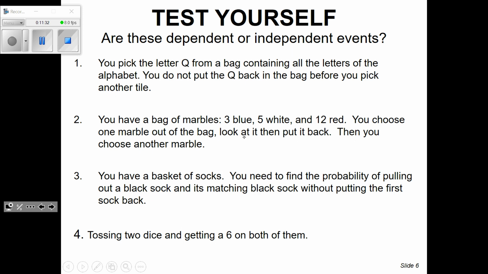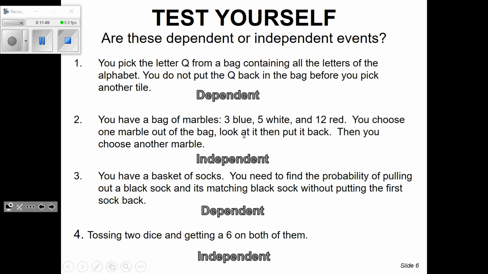Okay, so what did you guys think about number 1? Independent or dependent? Dependent. All right. What about number 2? Nice. And number 3? Good. And number 4? Good. All right, so now that we can identify which they are, let's look at a couple more examples.